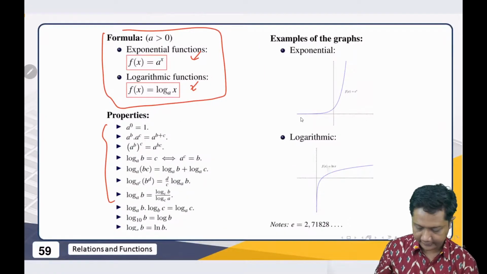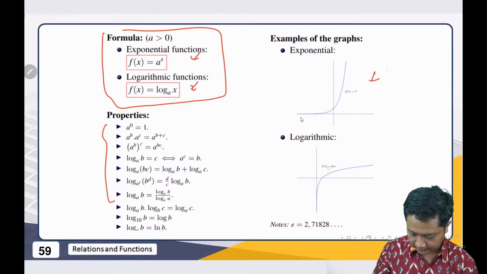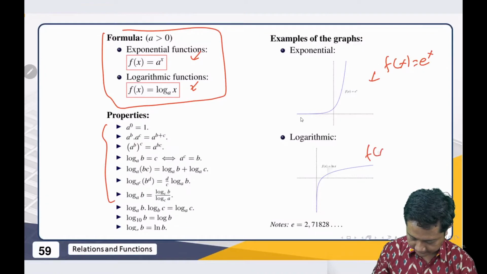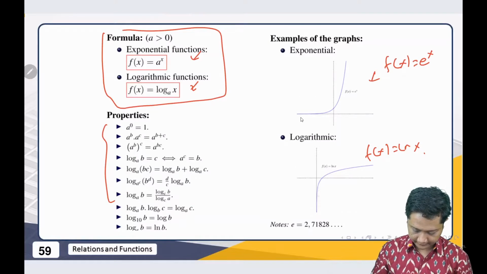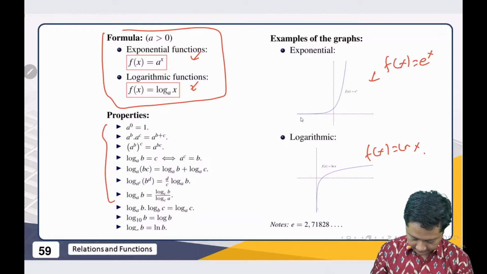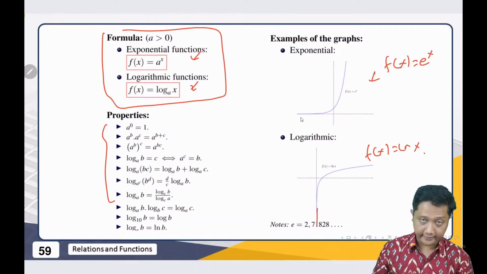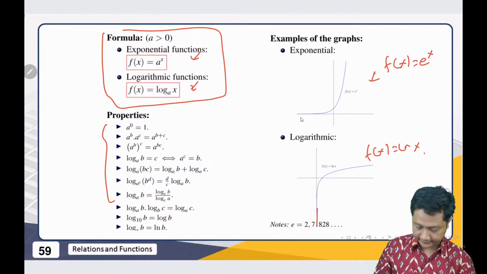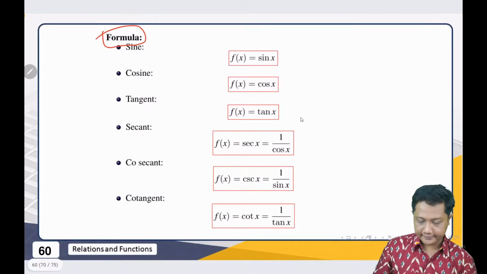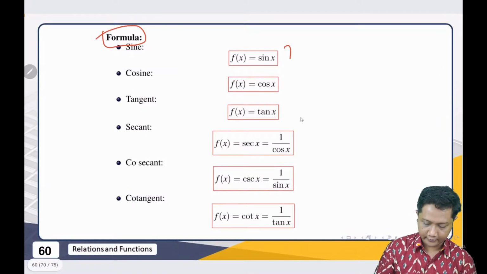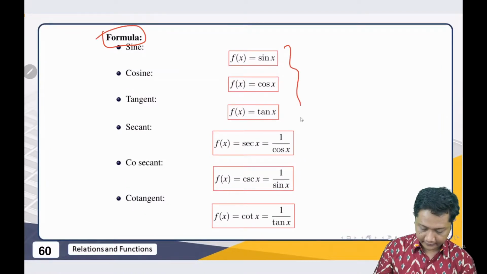And this is the example, f(x) is equal to e to the x, and this one is f(x) is equal to ln x. And that's also the same when x goes to 0, x greater than 0, ln x will go to minus infinity. And trigonometric functions, I think you already know them.